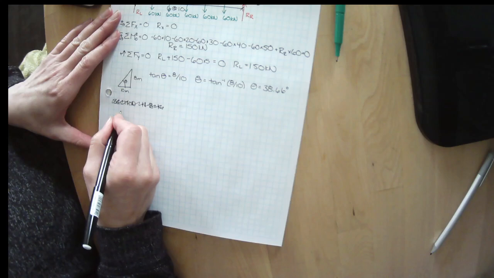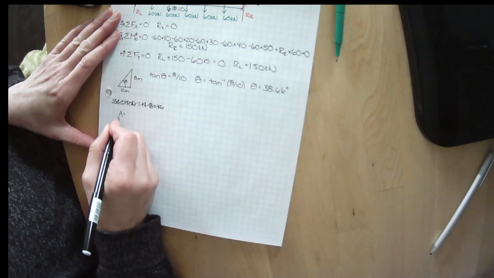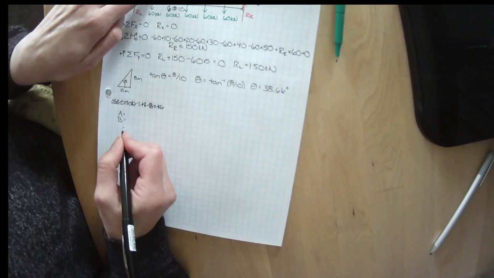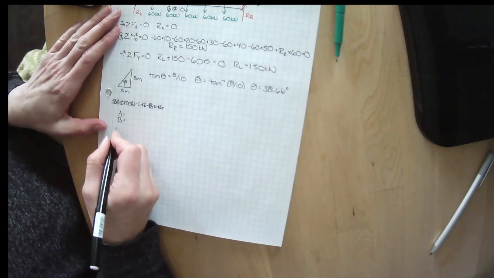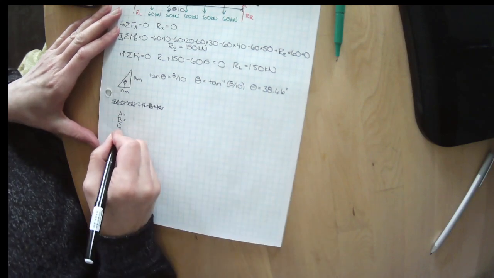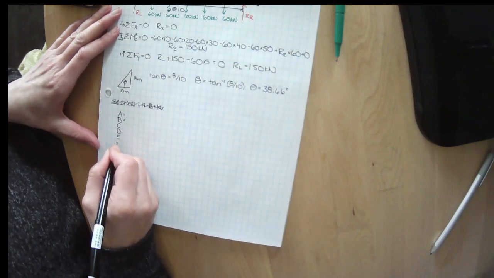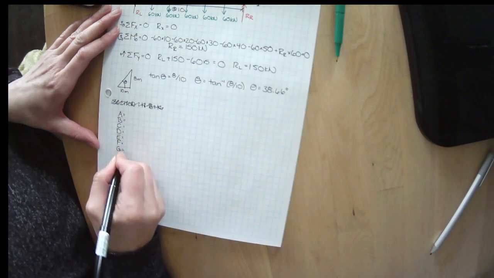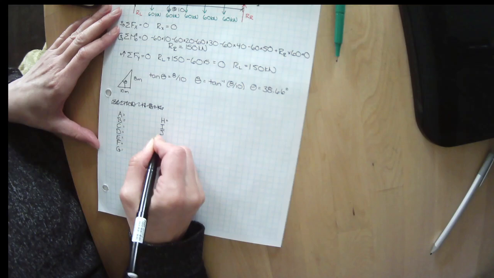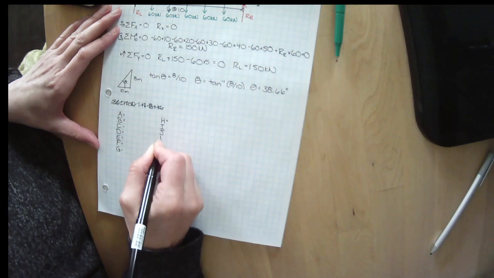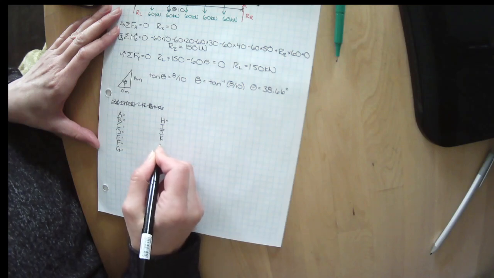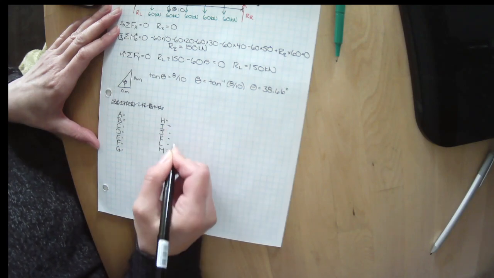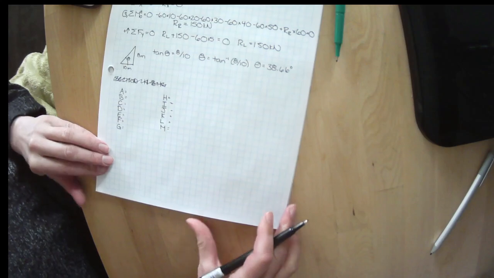This is exactly what I did last time. A, B, 1, 2, 3, 4, 5, 6, 7, 8, 9, 10, 11, 12, 13. So A, B, C, D, E, F, G, H, I, J, K, L, M. And we want to come back and fill all of these in.